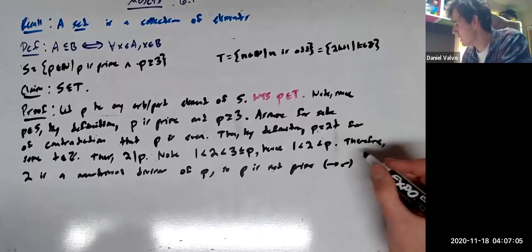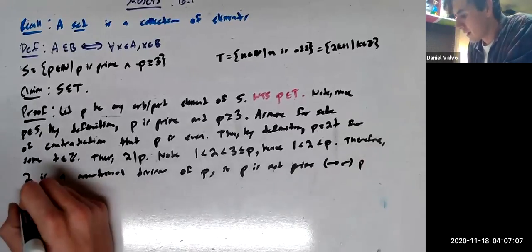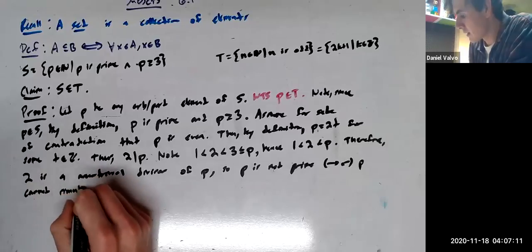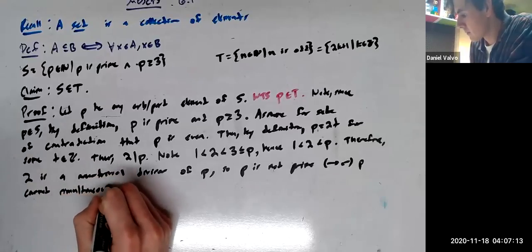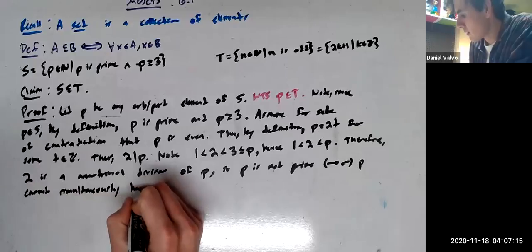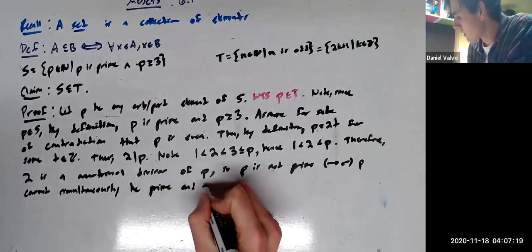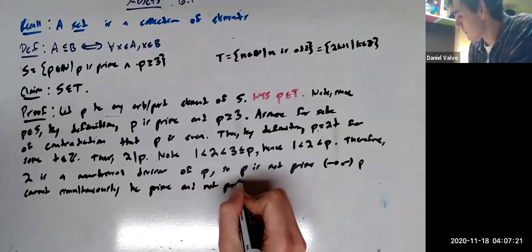So we choose a non-trivial divisor of p, so p is not prime. That's a contradiction. p cannot simultaneously be prime and not prime.